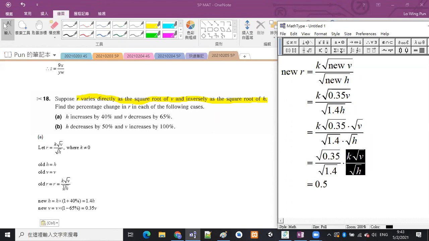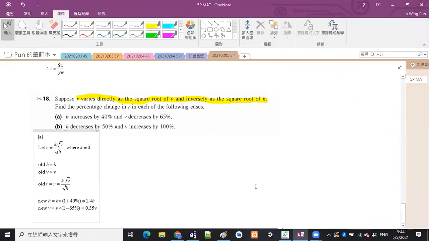Okay, so it will be changed to r like this. So it is 0.5 r. So now we have successfully expressed the new r in terms of r. Okay, and then we are ready to find the percentage change.